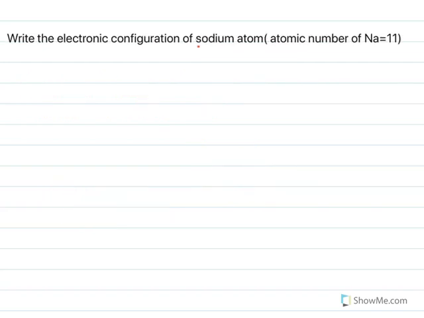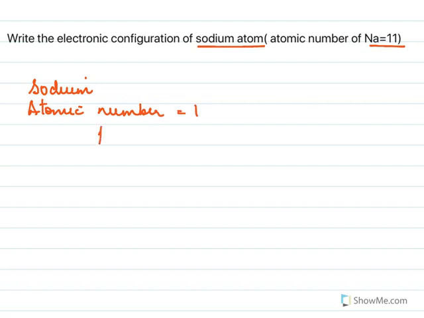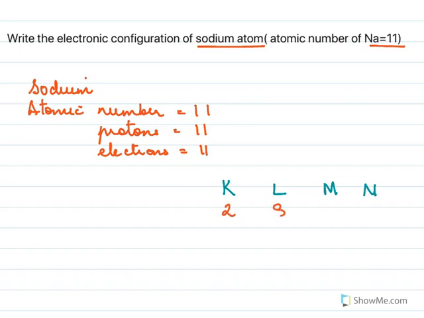Write the electronic configuration of sodium atom, atomic number 11. Sodium atomic number is 11, means protons 11. Protons 11 means electrons 11. So when we distribute, we have K, L, M shells. 11 electrons to be distributed. 2 in the first, 8.